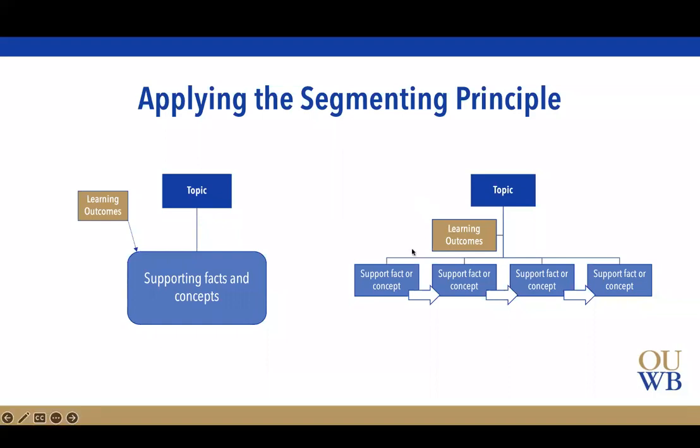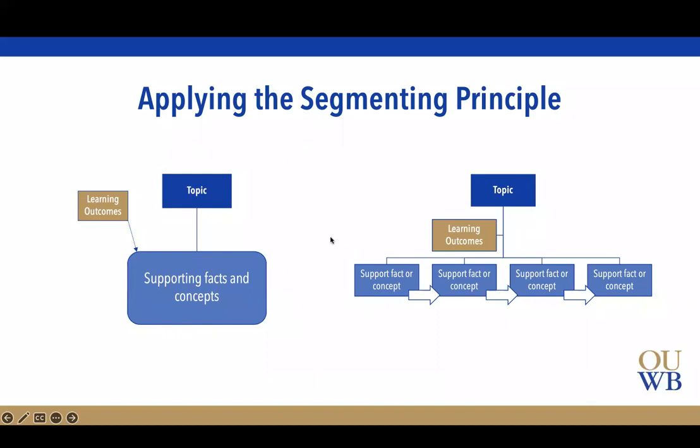Because what's happening then is, rather than lumping all these facts and concepts, which, yes, are all related to that central topic, if you did some cognitive task analysis, you could break down this larger lump of facts and concepts into smaller chunks and scaffold them in such a way that they're aligned with learning outcomes and they're all aligned with the topic.